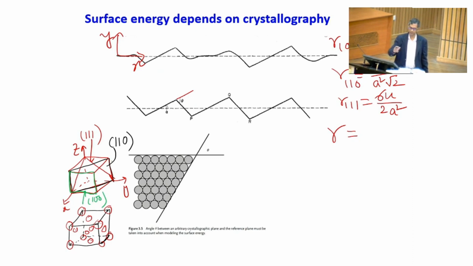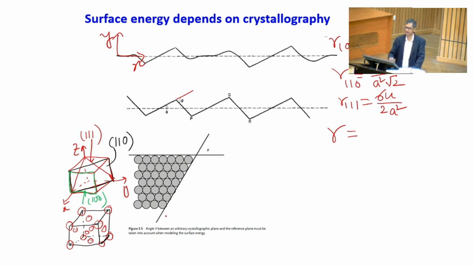So, if your frame of reference is like that, I have drawn it x and y, and then you put this crystal on that frame of reference, the angle each surface will make with respect to that is the orientation. So, now it has been calculated.